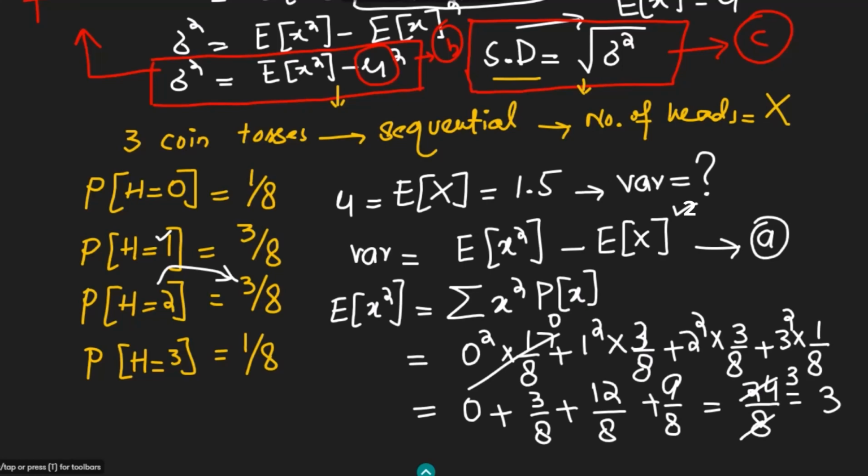This is the value of the expected value of x square. So this was B, this was A. Let me take this calculated value of the expected value of x square and put it in formula A.